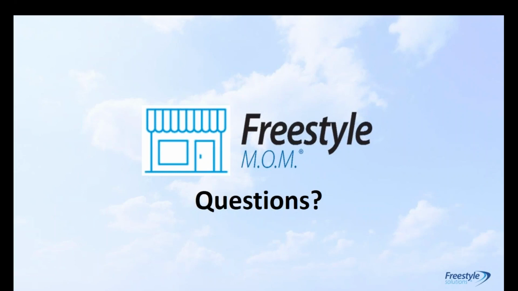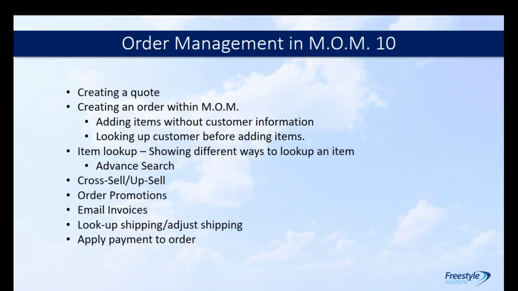We're going to go into the first slide here about order management. Obviously, with our new version of M.O.M version 10, there's some exciting features and functionality that we do have here. One of them being creating a quote. Obviously, we can create an order within M.O.M. by two ways. We can either do it by adding items without the customer information or looking up the customer for adding items.